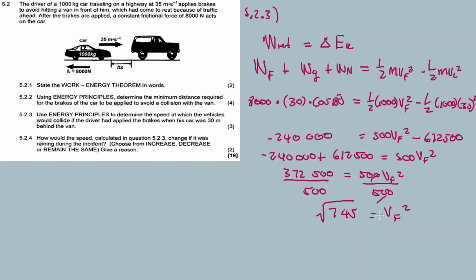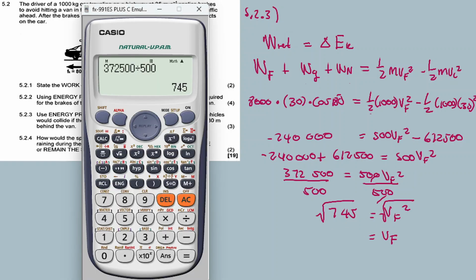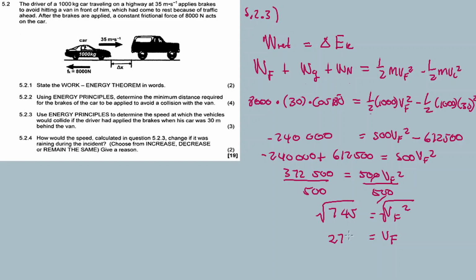Square root both sides, v final is equal to the square root of the answer, which is 27.29 meters per second. If you watched this video and got here, give yourself a round of applause, and I will too.